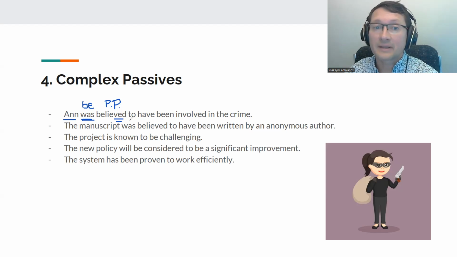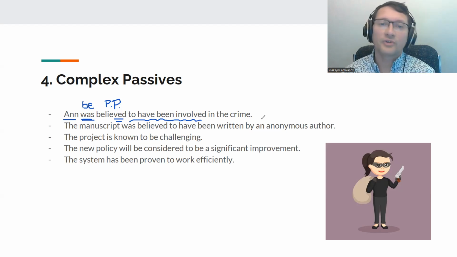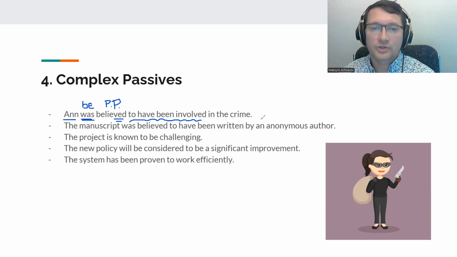But then we have something else, to have been involved. So okay, not to be involved, which is actually possible too, but we say to have been involved. Why? Because we refer further into the past, okay, further back into her story.